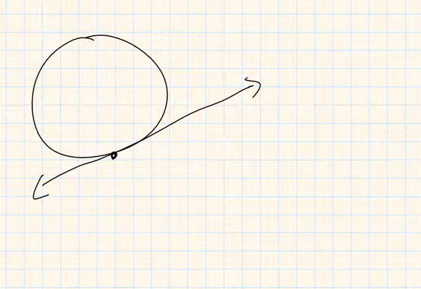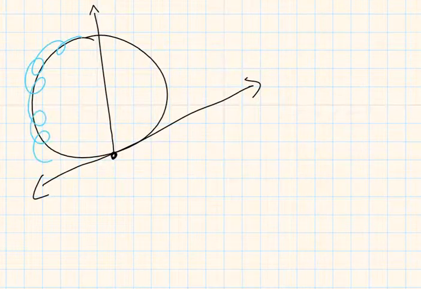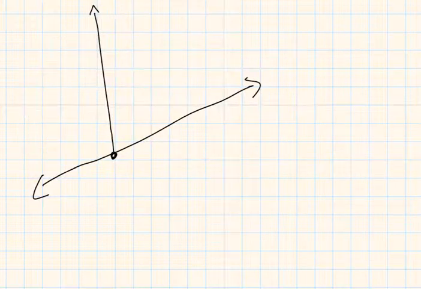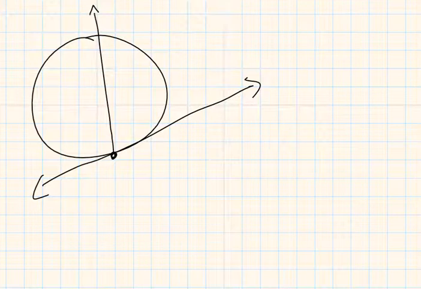So if a tangent and a secant meet, these two angles still have to be supplementary, but the two arcs here are going to add to 360. So that means the measure of their arcs are going to equal double the angles, or the angles are going to equal half of the arcs.